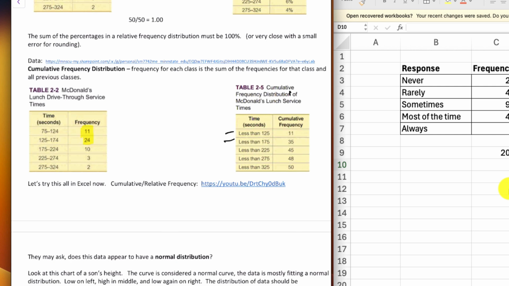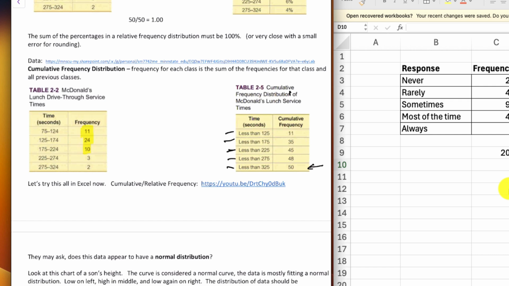Then for the next one, less than 225, add the previous two over here, right? You're going to add now 11, 24, and 10. You've already added 11 and 24 to get 35, so just add 10. That's where you get the 45. The next one is 3, so add 3 to get the 48, and the last one's 2 to get the 50.